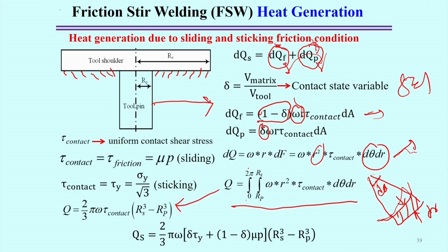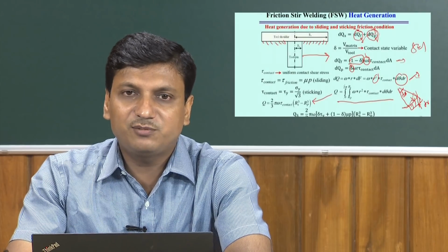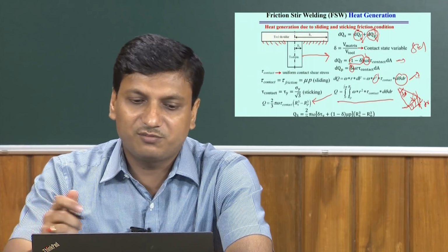This estimates the amount of heat generation on the shoulder surface which is in contact with the workpiece, excluding the part of the pin component. Now, it is necessary to define the uniform contact shear stress value at the contact surface.